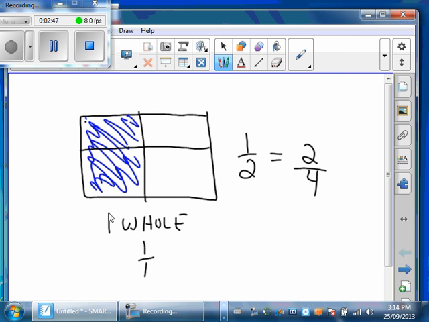All right, well, let's see if we can break this down a little bit more. What if I were to do this? Well, now I've created a situation where that exact same shape has been broken into 8 parts. 1, 2, 3, 4, 5, 6, 7, 8.